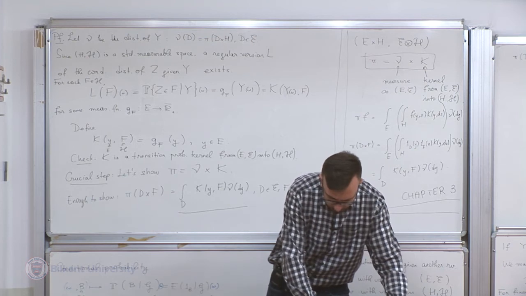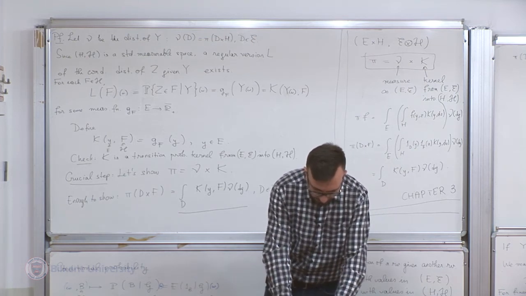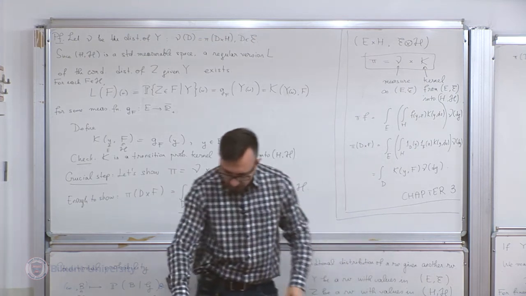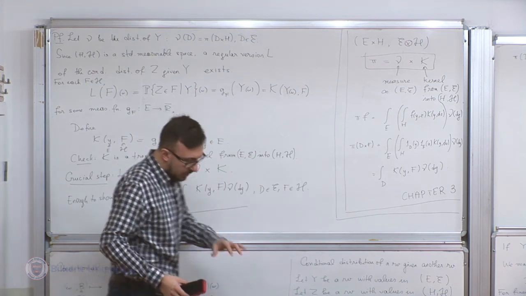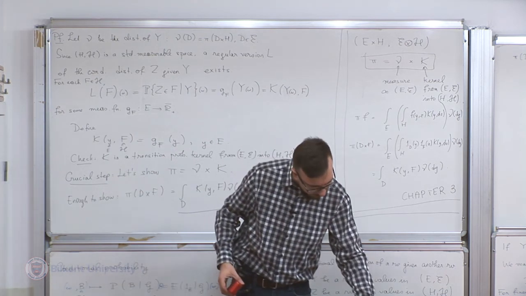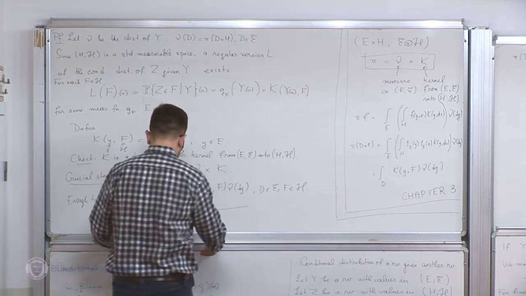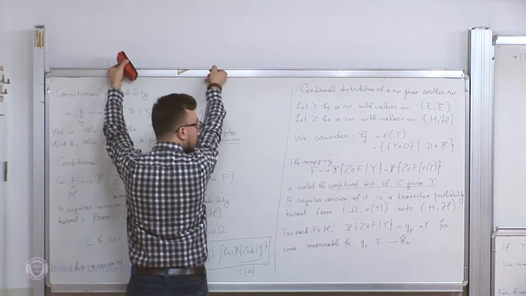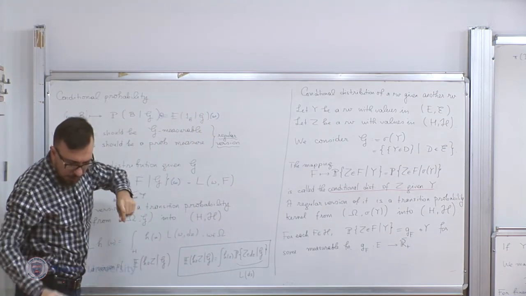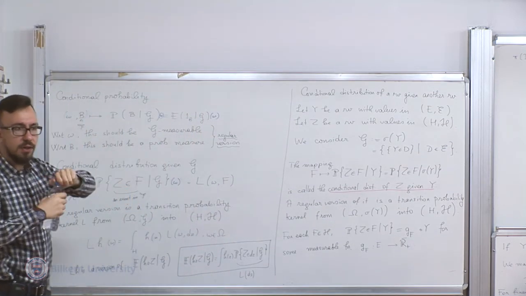So finally, we should also see how this is useful in computation. So we're going to state a theorem, and then we're going to apply it to some examples, okay? Any questions that you have so far?